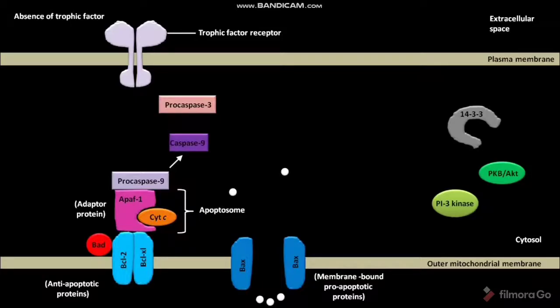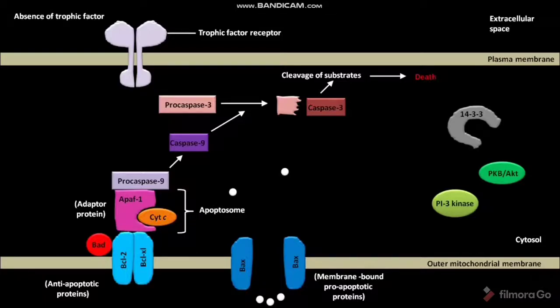This caspase 9 is catalytically active and catalyzes a biochemical reaction in which the protein procaspase 3 is converted into executioner caspase called caspase 3. This caspase 3 then causes the cleavage of substrates, which leads to the death of the cell.